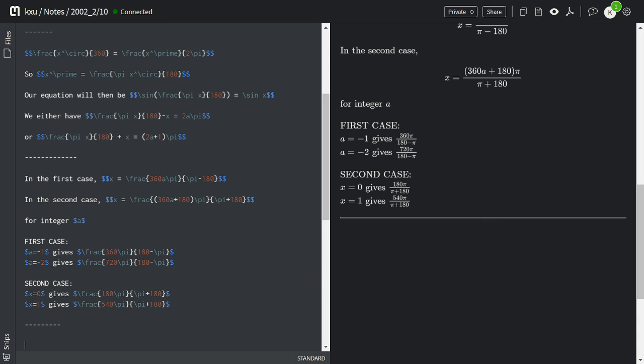So let's compare the a equals -1 case from the first family and the a equals 1 case from the second. So let's compare 360 pi over 180 minus pi to 540 pi over pi plus 180.